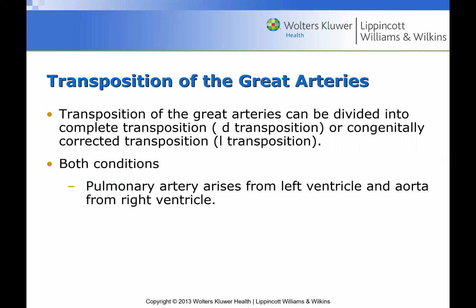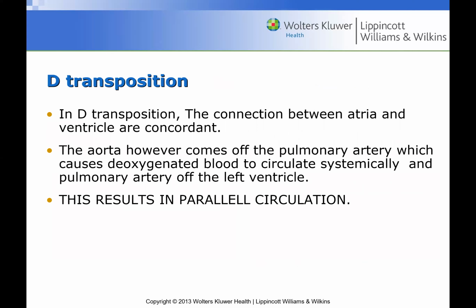So transposition of the great arteries can be divided into complete transposition or congenitally corrected transposition. In both conditions, the pulmonary artery arises from the left ventricle and the aorta arises from the right ventricle. So as you remember from our other things, this is flipped.